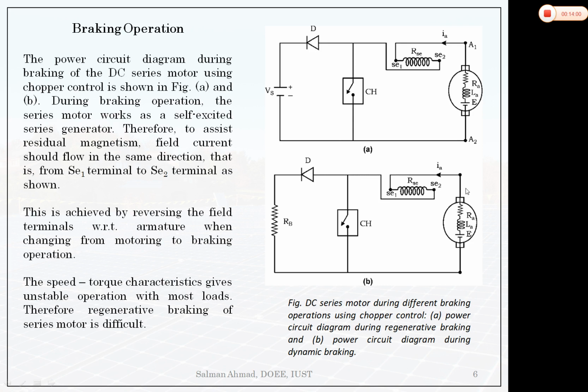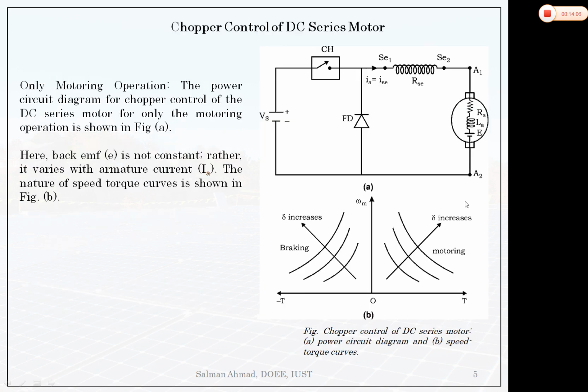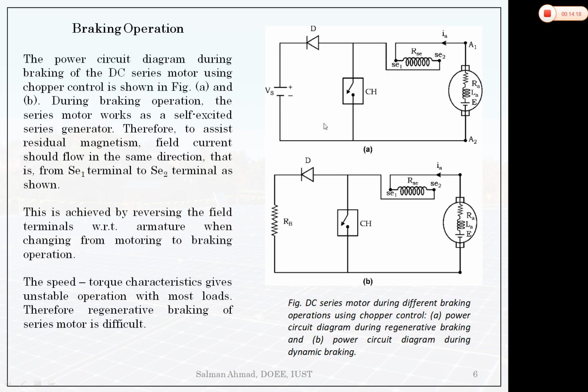Important thing is you have to now connect SE1 to A1. In the previous diagram, SE2 was connected with A1, but for braking operation this A1 must be connected with SE1. Okay, so this is important.